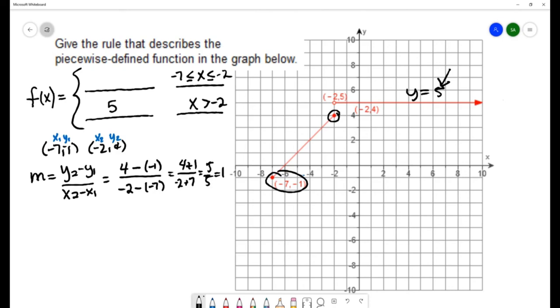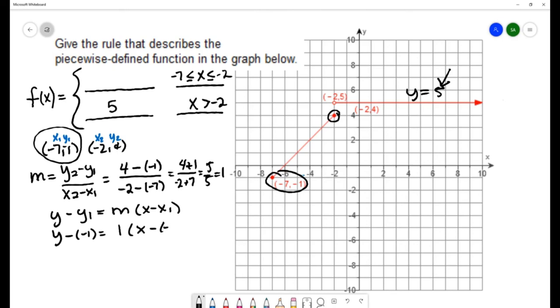And then we can figure out the equation of the line by using point-slope form. y minus y1 equals m times x minus x1. So I'll use the slope of 1 and this point here. I have y minus -1 equals 1 times x minus -7.